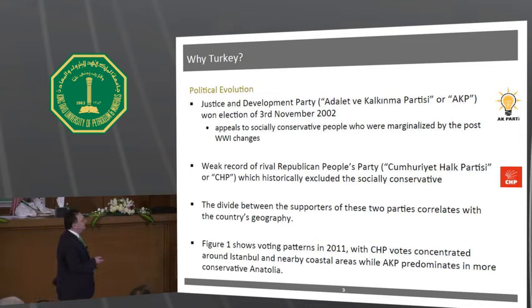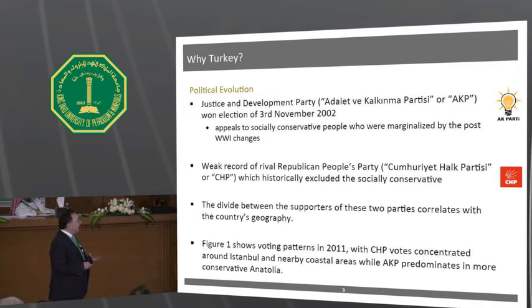It was the Republican People's Party, Cumhuriyet Halk Partisi, okay? And they historically excluded socially conservative people from politics, including all government institutions as well. So there was a reaction against this party, and then in 2002, the Justice and Development Party, which is a conservative party, won the elections, okay?